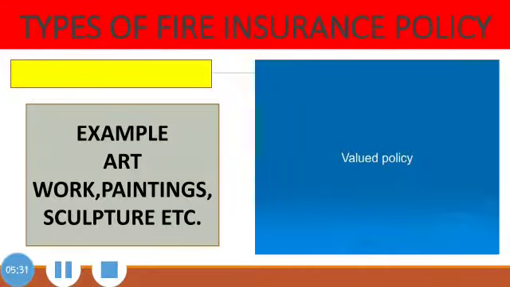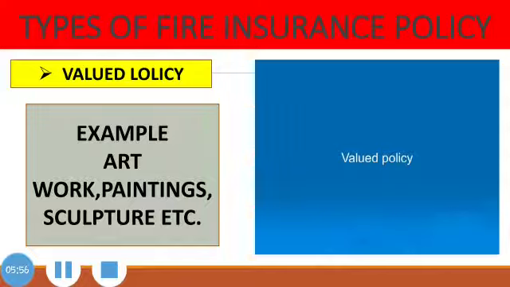So first one is valued policy. This is a policy in which value of the subject matter of insurance is agreed upon at the time of making the contract. In this policy, insurer has to pay a specific amount irrespective of the amount of loss caused due to fire.